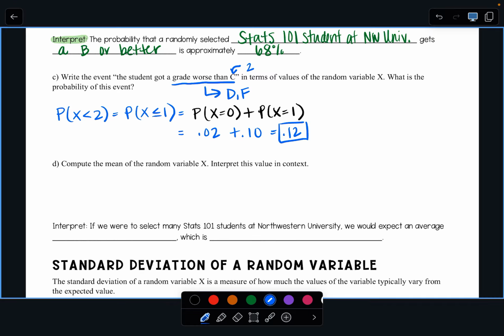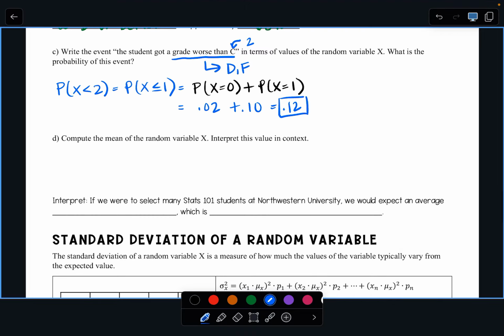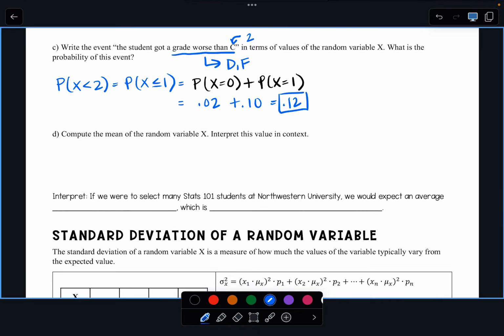If you do not see the words interpret, you don't have to write one. If you want to, you can. College Board has a really weird rule where if you write something and it's wrong, even if it wasn't a part of the question, they technically have to kind of dock you for it because you're not interpreting things correctly. So if they don't say it, I wouldn't write it, just in case something you say is not correct.